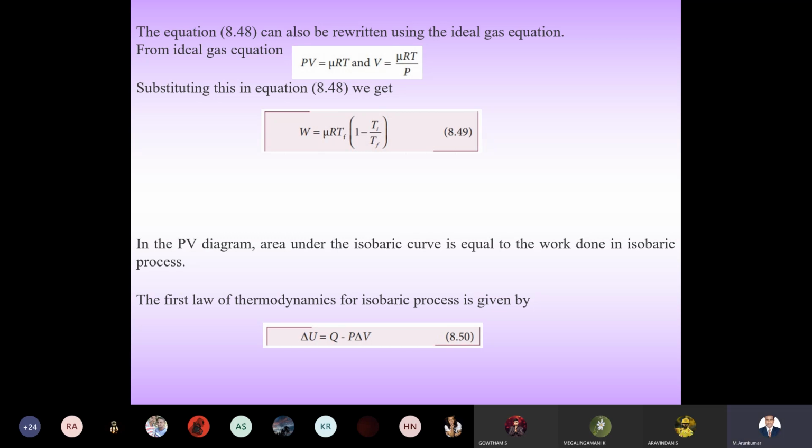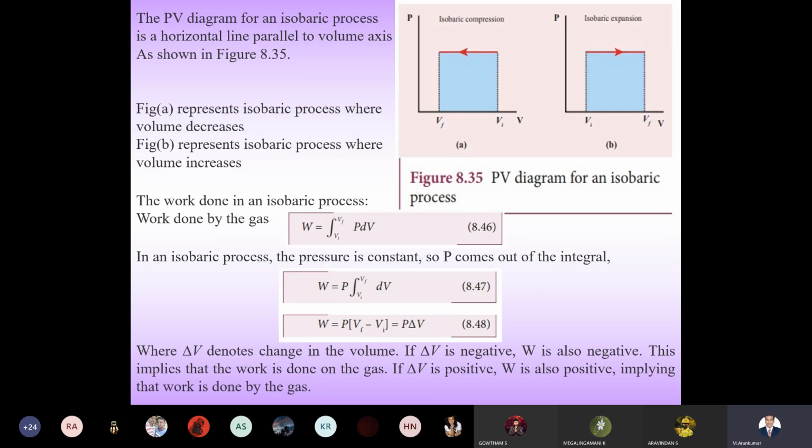Then if you substitute in the above equation, we can have mu R T final into 1 minus T initial by T final. So just try to substitute the values in this equation, that is W is equal to P into V final minus V initial.